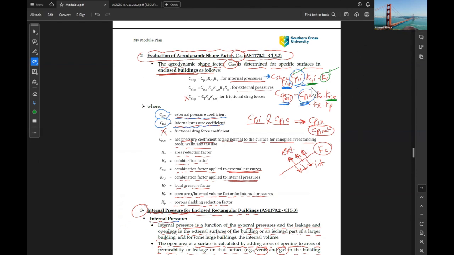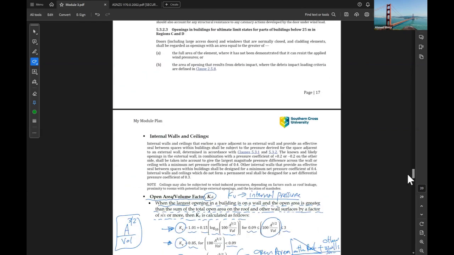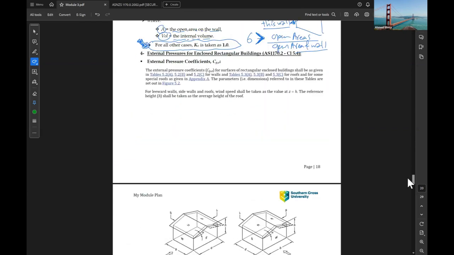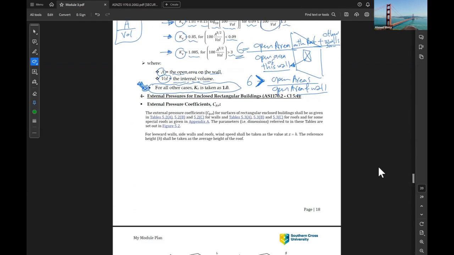So if we know CBI and KV and KCI, we can find C shape. But I will leave KC, because it is a combination between external and internal, to be discussed later after the external. So now the next is the external pressure for enclosed building, which is C shape external.